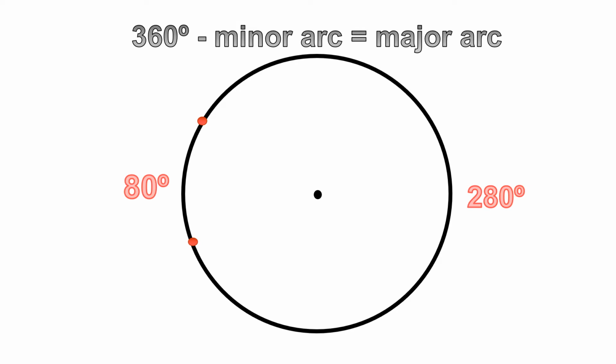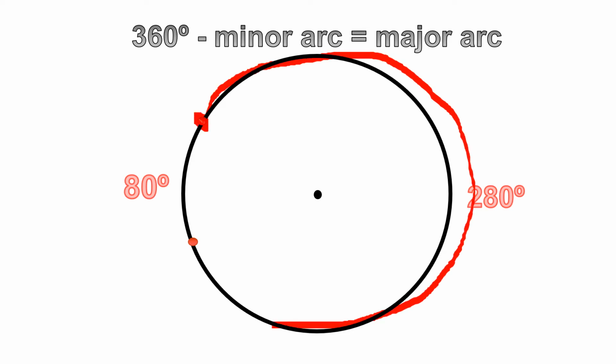Let's have this example. Ang sinasabing major arc dito ay from this point papunta dito sa point na to. Kung alam natin na ang sukat ng ating minor arc ay 80 degrees, so 360 i-minus mo sa minor arc, makukuha mo yung sukat ng major arc mo, which is 280 degrees.